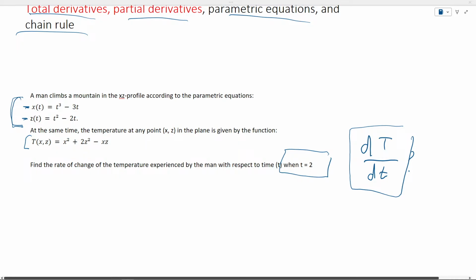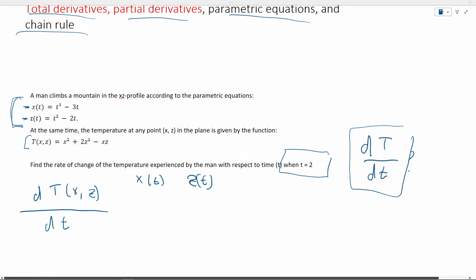More precisely, temperature is changing with respect to x and z. And this x and z is changing with respect to time, because x is a function of time, my location, and my z is also a function of time.